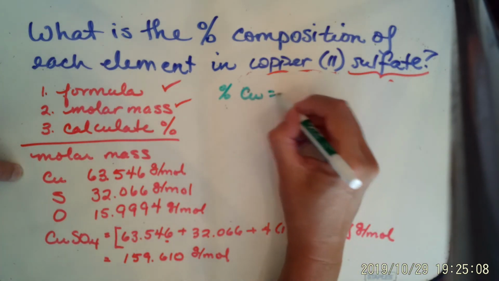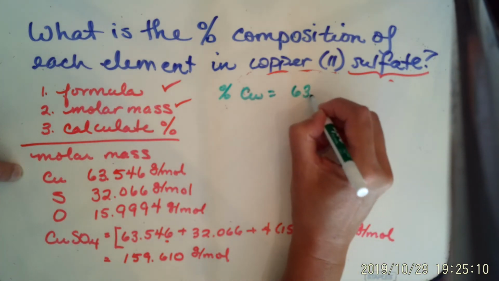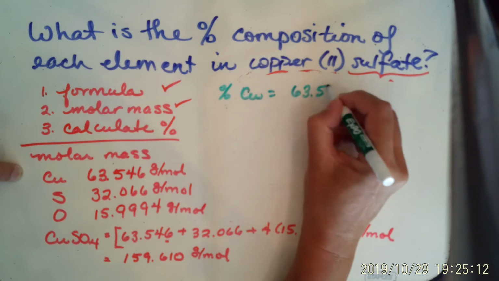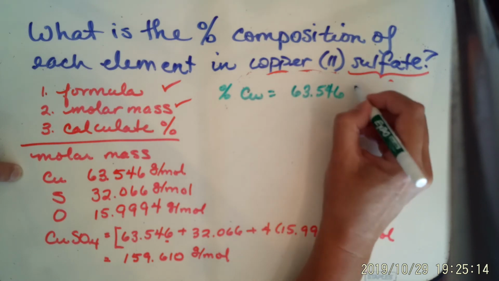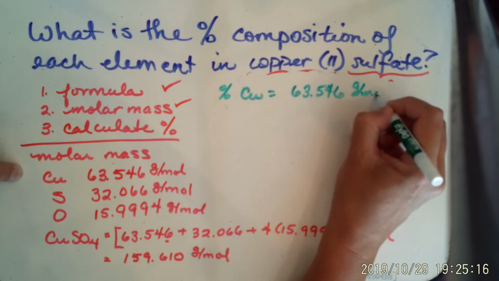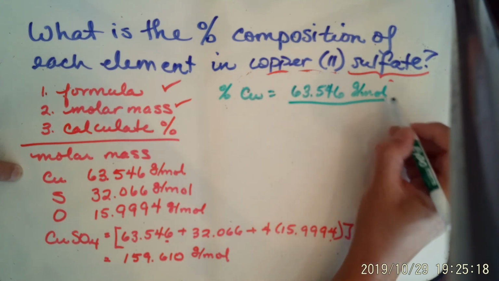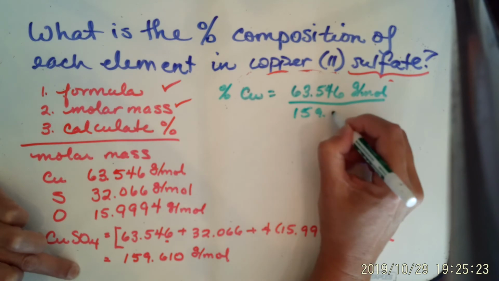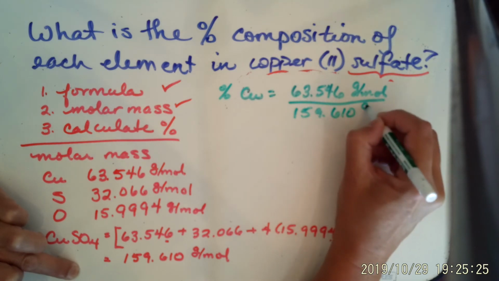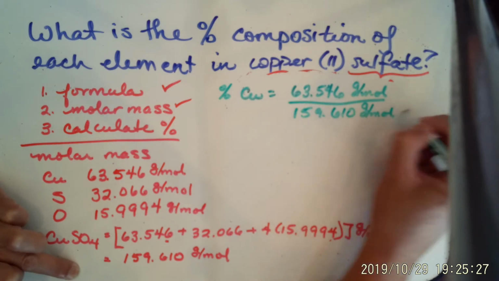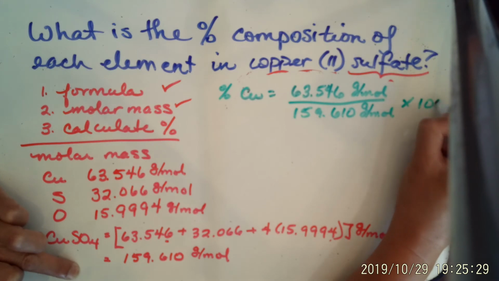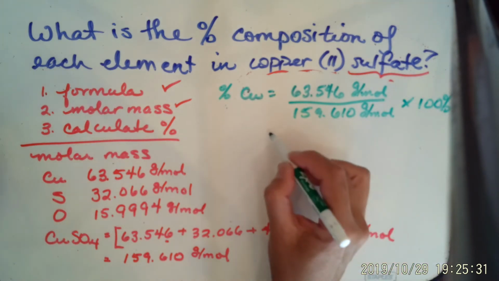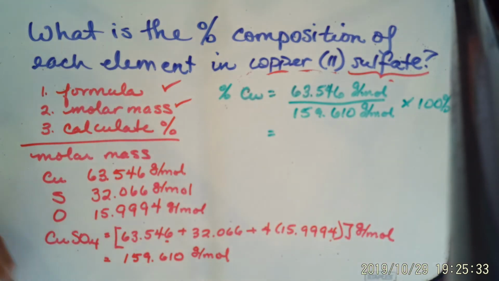We have 1, so 63.546 grams per mole divided by 159.610 grams per mole times 100%.